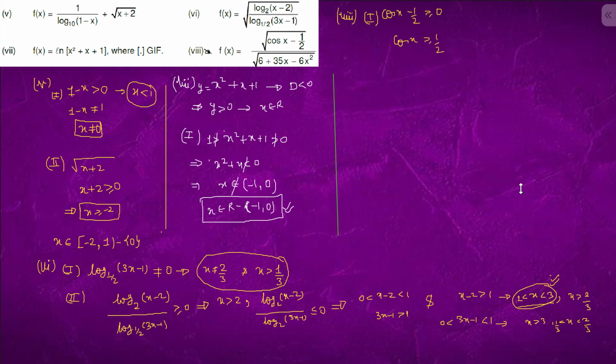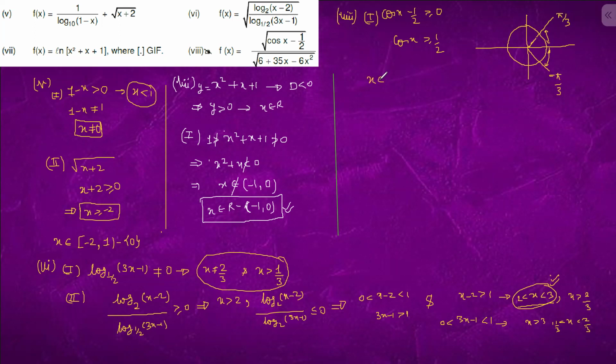So we know that cos x equals 1 by 2 at minus pi by 3 and pi by 3.